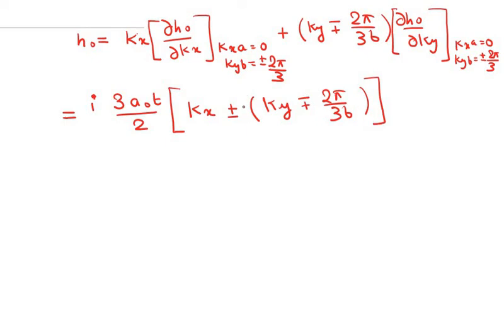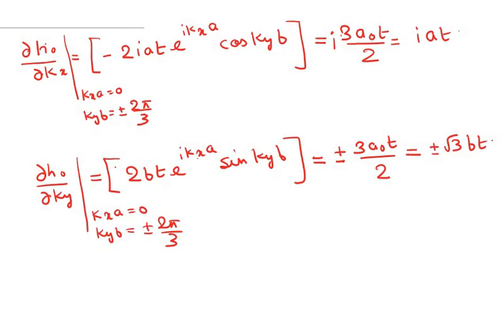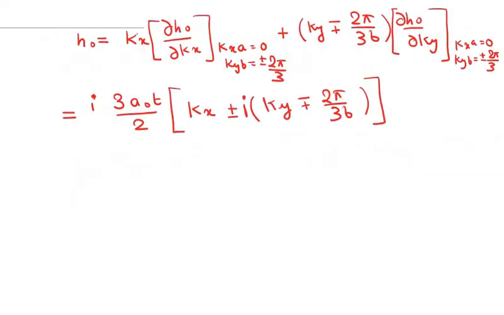We actually have an i over here, because in the earlier case this was imaginary but this part was real, so we have to put an i over there, and i square is minus 1, so this would become minus plus.